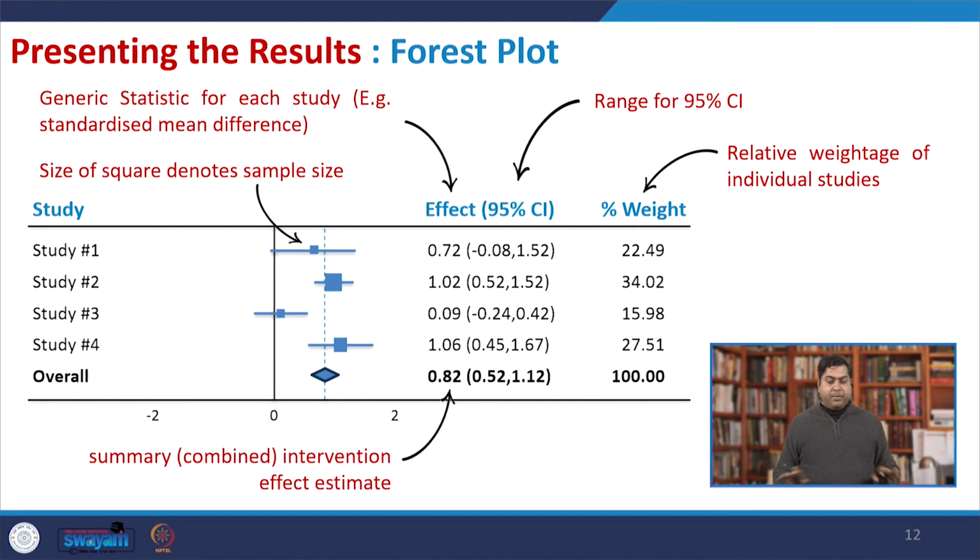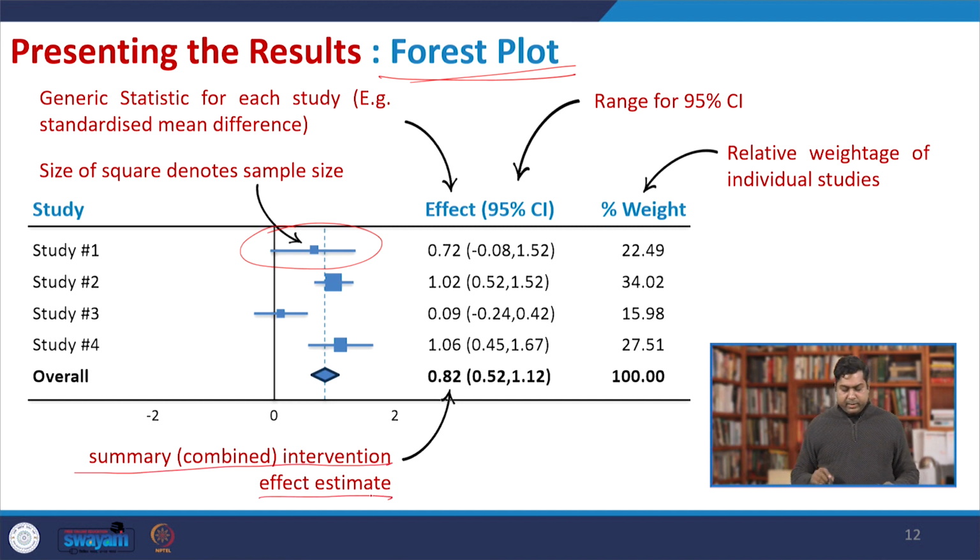Now, finally, it will come like this. This is referred to as a forest plot, and this is a very important plot for all of you to understand. Suppose for 4 studies we have calculated the effect size out of the generic statistics. The plot will also give you the summary combined intervention effect, which is denoted by this particular shape, and this is basically the overall mean.